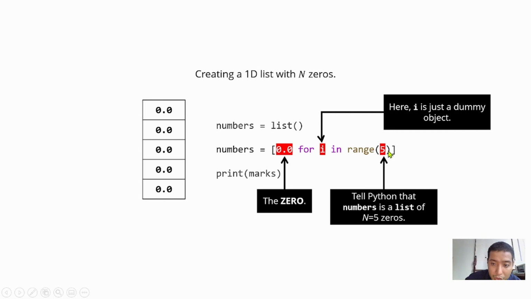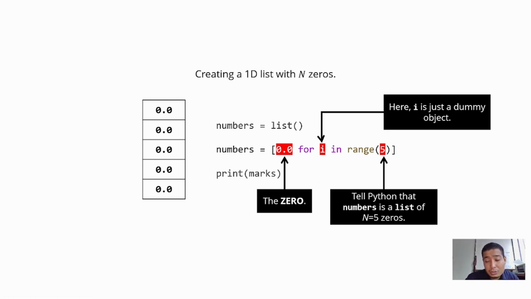If you use range, you can have either 1 argument, 2 arguments, or 3 arguments. If you have 3 arguments, it remains as I've mentioned to you: the first argument is the start, the second argument is the stop, and the third argument is the interval.